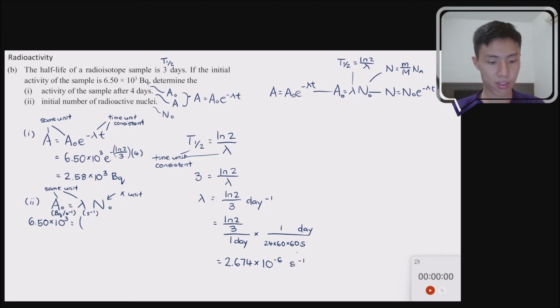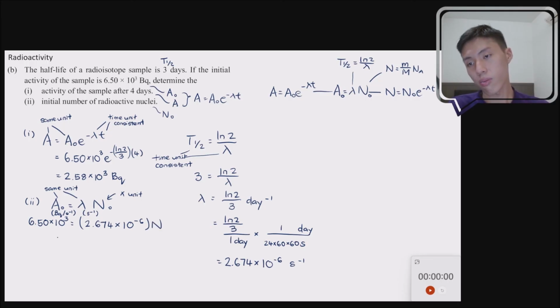Okay, double checking everything. So this should be what I substitute here for lambda, because I need to keep it consistent between the unit of activity and lambda. Both should be in per second. So this is 2.674 times 10 to the power of -6.